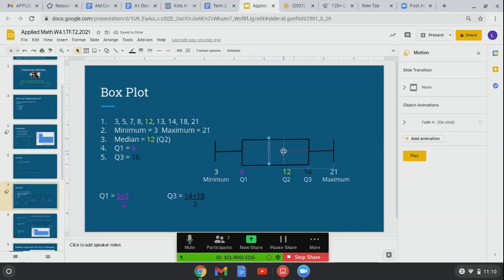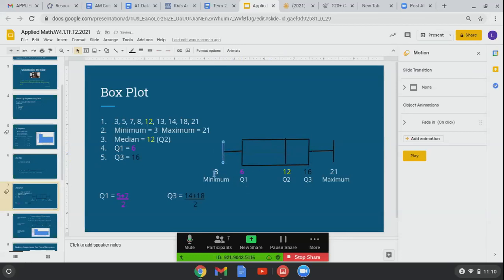Moving on down here. Now, also on your whisker, 3 and 6 are close. So in essence, this whisker could be shorter.